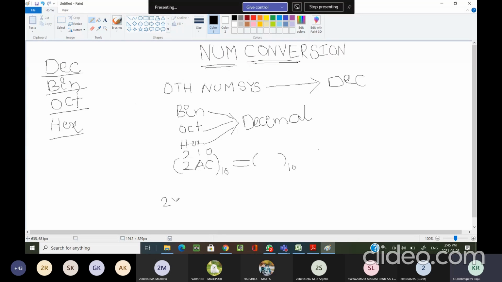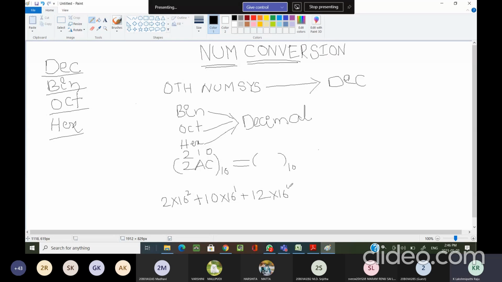2 into 16 square, plus A. A means what? 10. Yes, very good. We should consider A as 10. So 10 into 16 power 1, plus C means 12, 12 into 16 power 0.